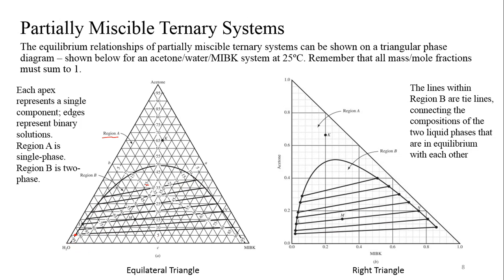We're just past halfway between them, so about 93 weight percent. Which means the remainder has to be what? 5% acetone, 93% water, so you've got about 2% MIBK in it. We know that has to be the case.